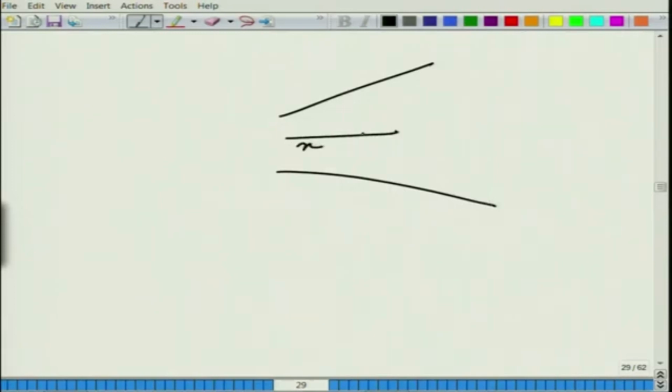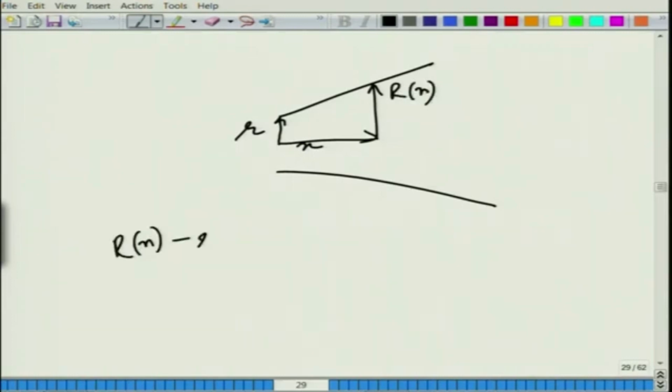Before we go to MATLAB, let us also look at the general relation. Let us say we measure the distance x here, and at this point we have a radius r. So, what is the radius at a distance x here? Let us say this is r of x. So, r of x minus r naught by x is tan theta, is it not?